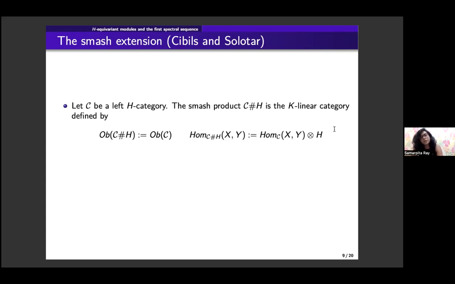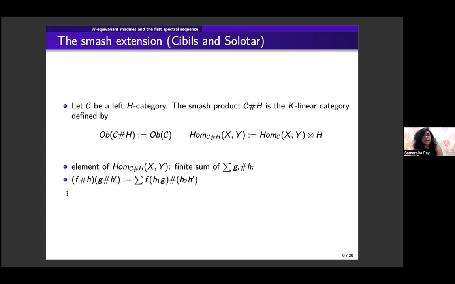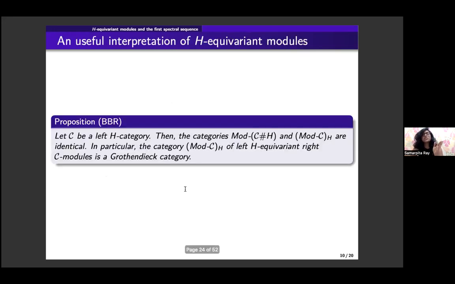The morphisms are now given by tensor product with H over k, the field, and the composition of these elements is defined in this way. So this is the smash extension of the category C. And the first result is that these H-equivariant modules are equivalent to the category of modules over the smash extension.